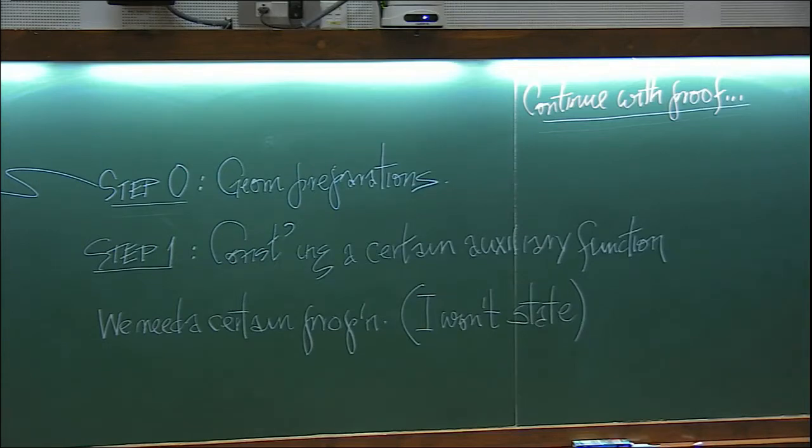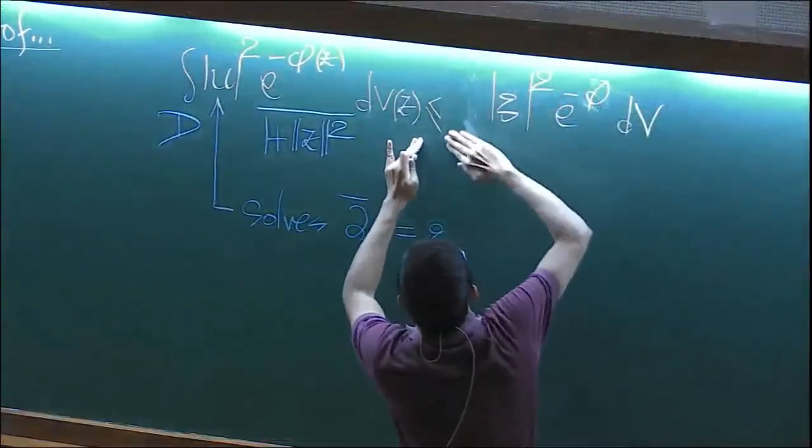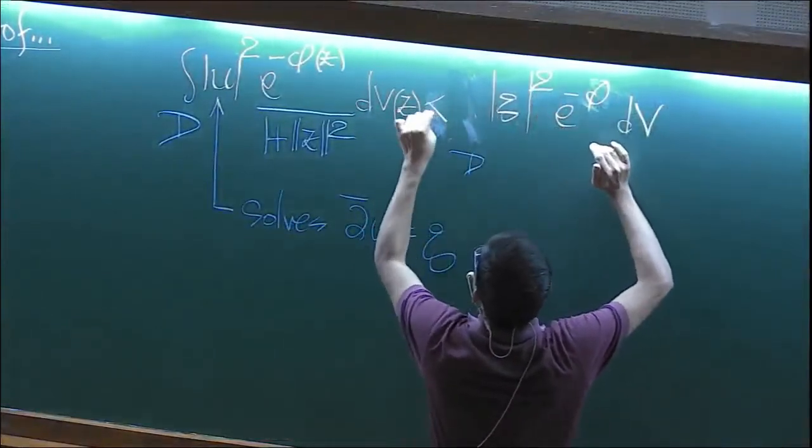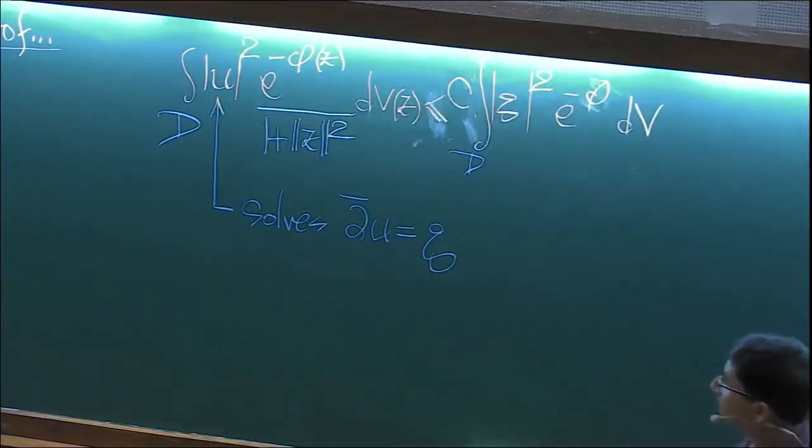This u solves the d-bar problem with the data g. Oh, and I keep forgetting the constant: there is a constant which depends only on the size of D.